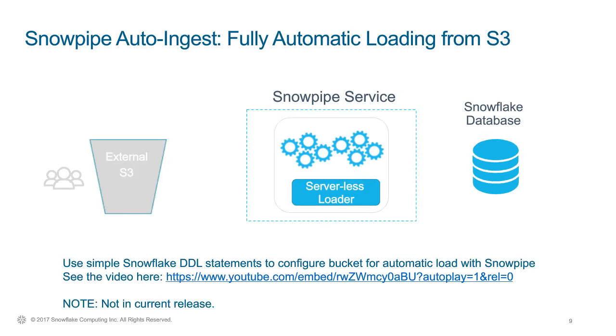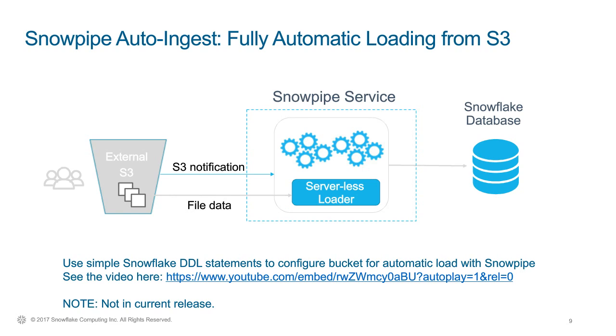And here's option 1. Essentially, you place a file in your S3 bucket. As soon as that happens with S3 notifications being set up, that notification would go into an SQS queue that Snowpipe provides. As soon as we receive that notification, we would then start loading the file into your target table.